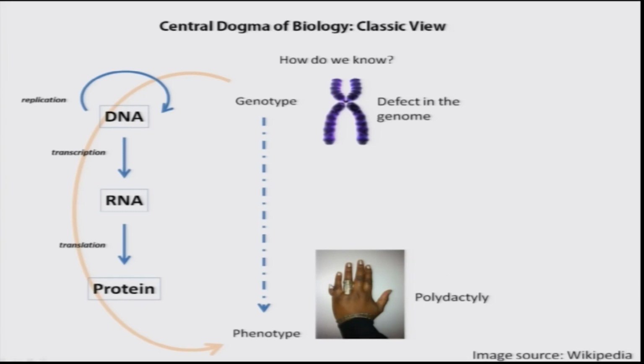This again is a genetic defect, meaning you have had some changes in your DNA which gave a new information which is not desired, which is not normal rather, which is to have an extra finger in your hand. So that has come from your DNA to what you have in your hand, the sixth finger.